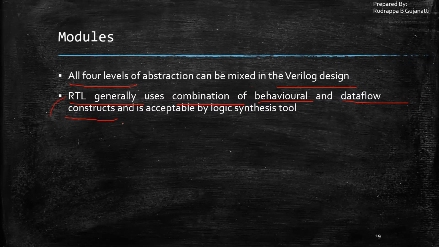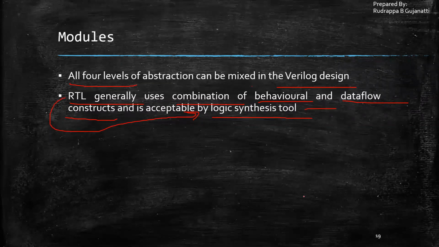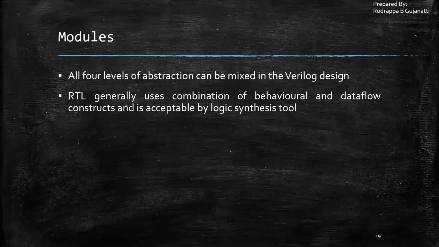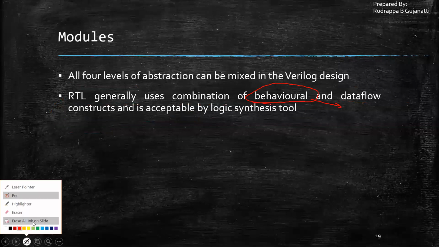This RTL will be given to the logic synthesis tool, which will give me the gate level netlist. But care has to be taken with how the implementation goes with the behavioral, because it is not synthesizable. There should be some conversions happening, and only then will we be able to move ahead.